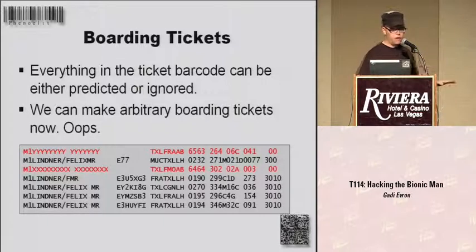All the airline software works with the PNR. Now, they don't have a PNR, which means we don't have any piece of information we cannot predict. So we can say from where to where we want to fly, what our name is, what flight we want to be on, what class we want to be on, and we're going to be checked in, and they will bring us to the gate.